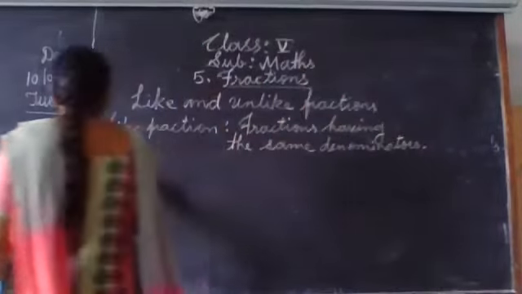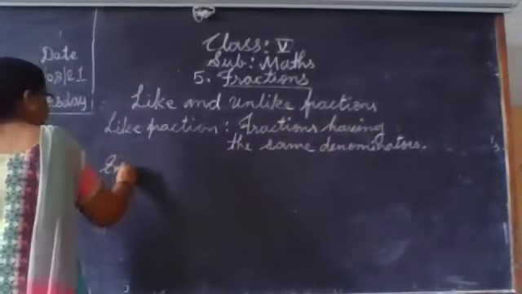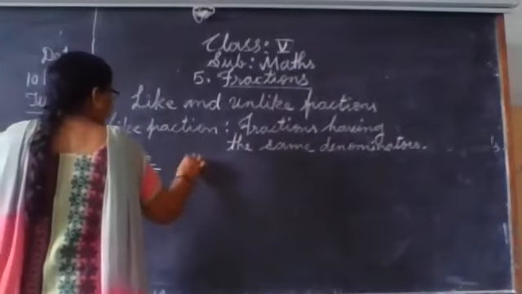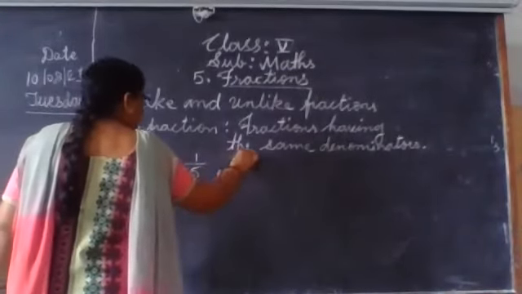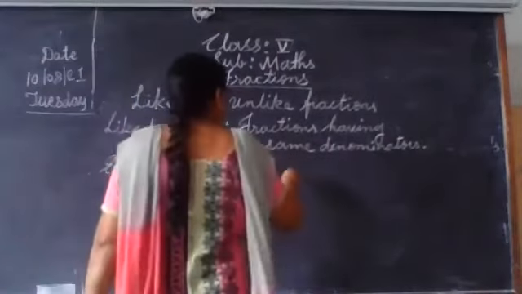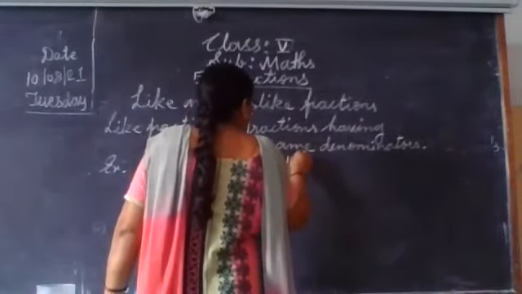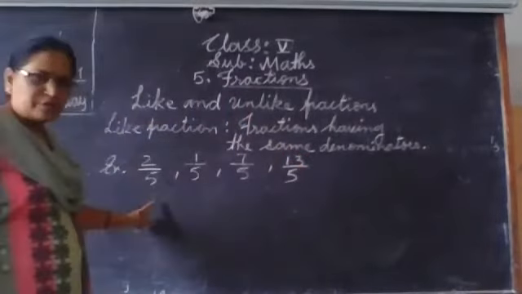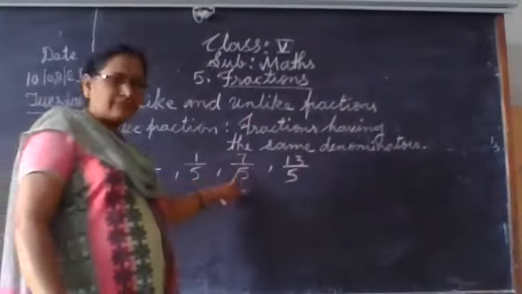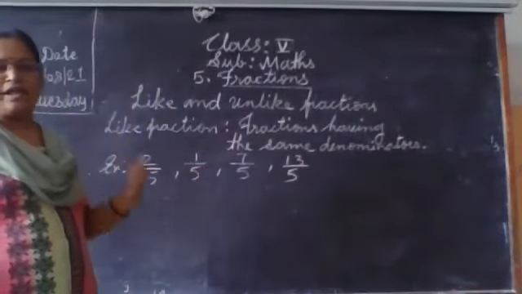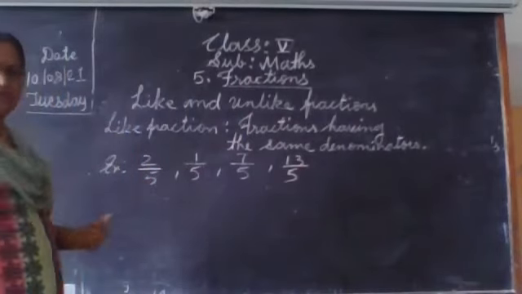For example, see 2 upon 5, 1 upon 5, 7 upon 5, or 13 upon 5. See, the denominators are 5, 5, 5, and 5. Therefore, these fractions are like fractions.